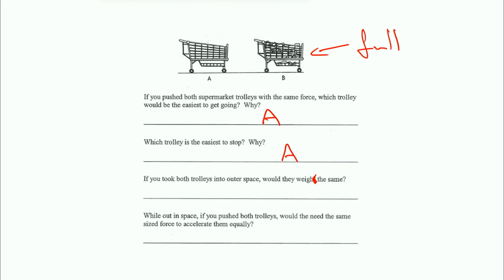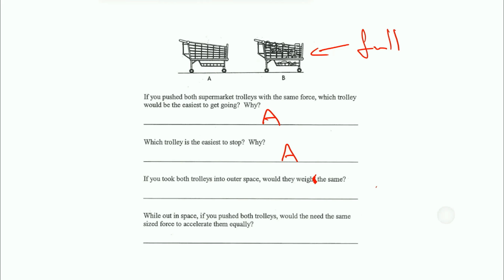Oh, this is a really wordy question. Would they need the same sized force to accelerate them equally? Well, no, they wouldn't, because the masses are different. Right? One's empty, one's full. Yeah, there might not be gravity around there. They might be described as being weightless, but they still have mass.